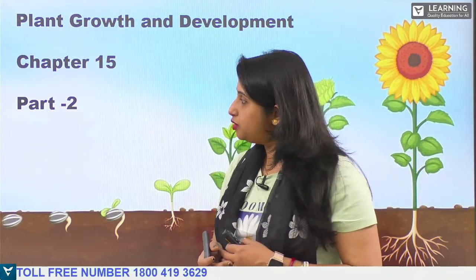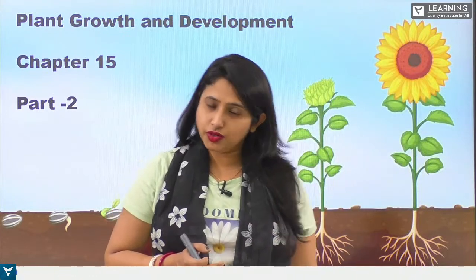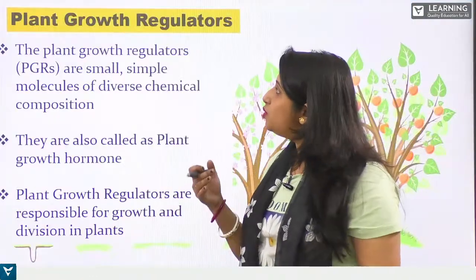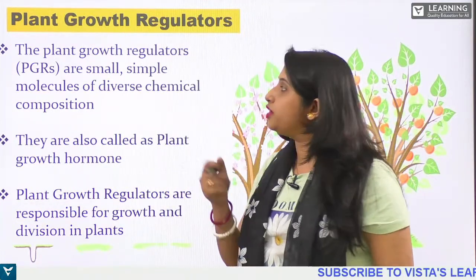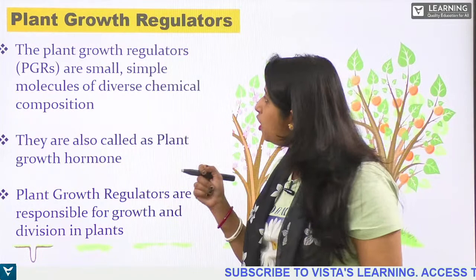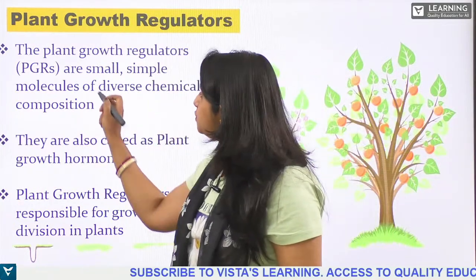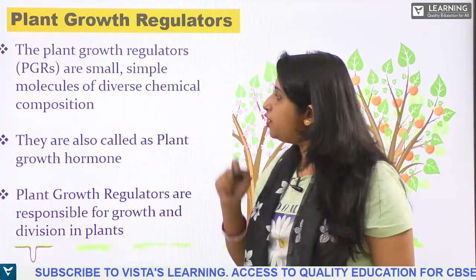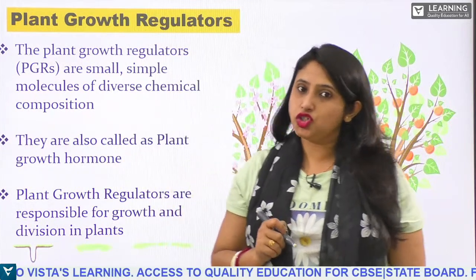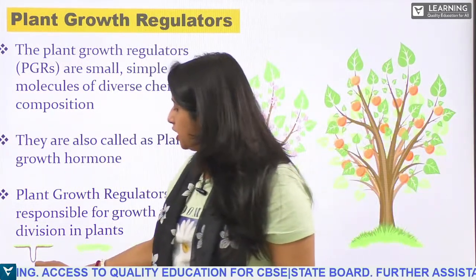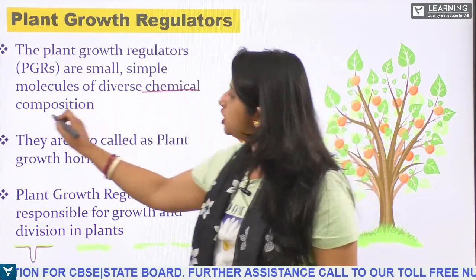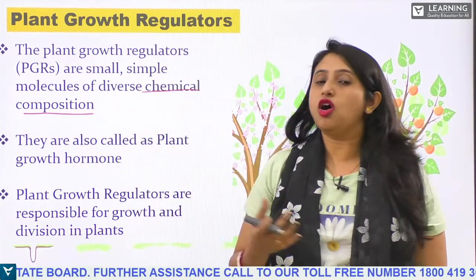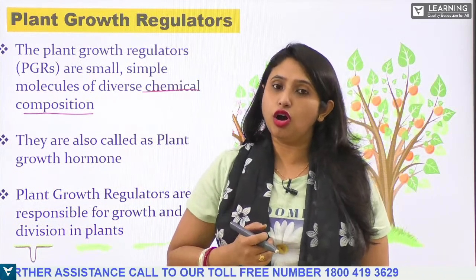This is your lecture number 2, and you will be learning about the plant growth regulators. So let's begin today's session. What do I mean by plant growth regulators? They are small, simple molecules of diverse chemical composition that stimulate or inhibit the growth of the plant.